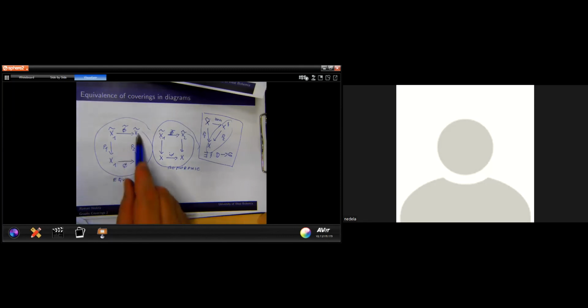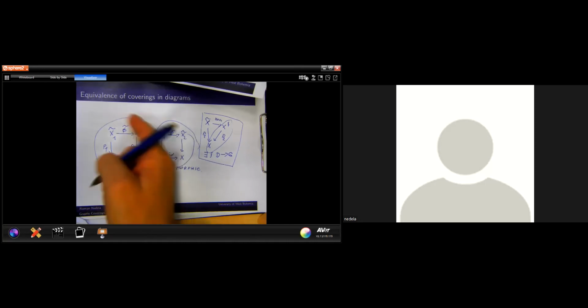Short note about this scheme. So we have two coverings and two related isomorphisms. If here X1 is equal to X2, then we are talking about automorphisms.